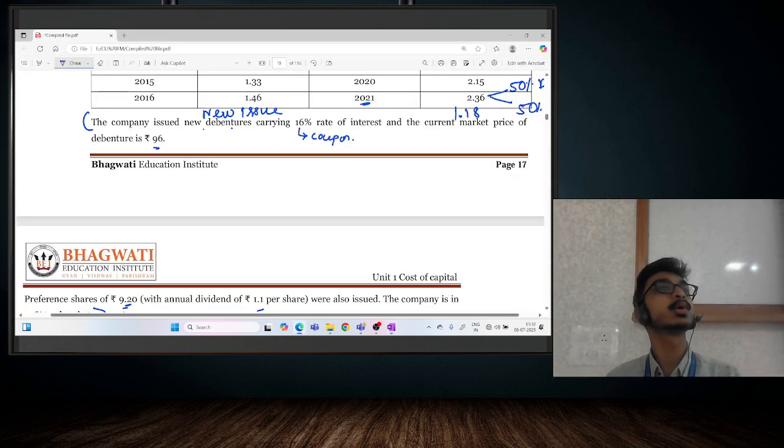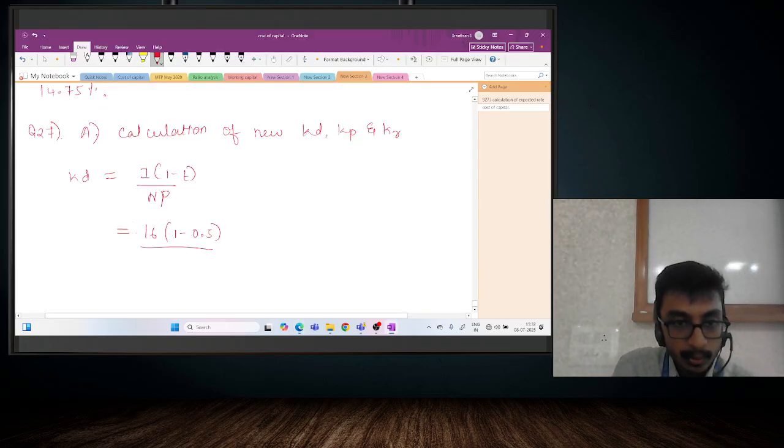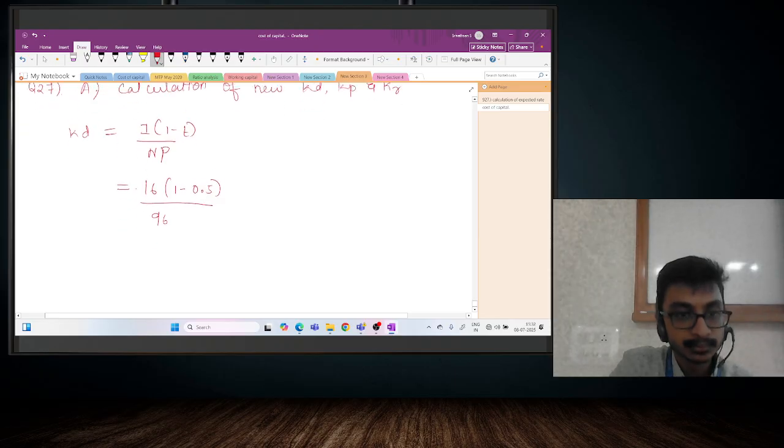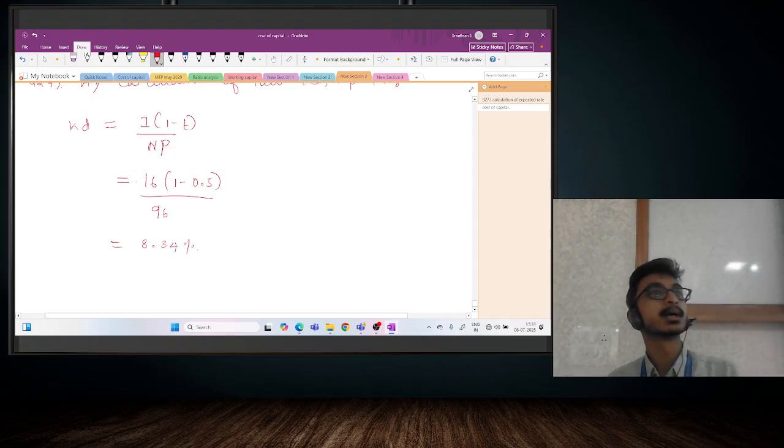Because if it is a new issue, we have to take the issue price. Issue price is not given, so we can assume that the debentures are issued at the current market price, which is 96. So 8 by 96, how much? 8.34%. Clear?